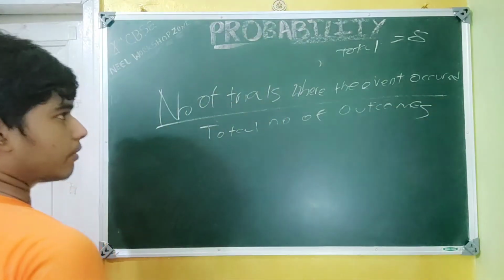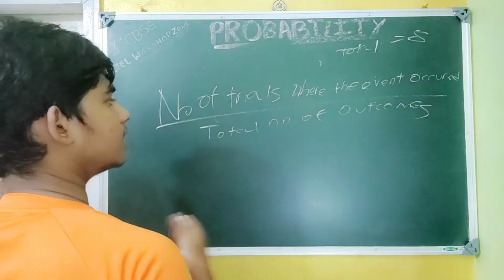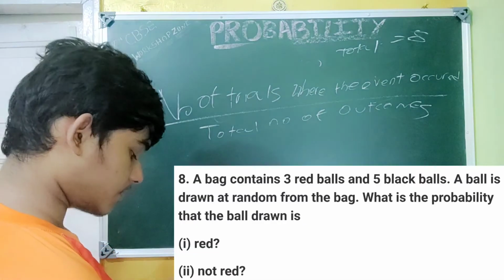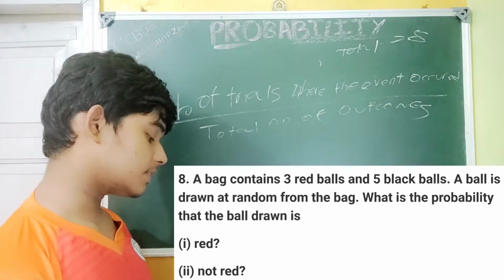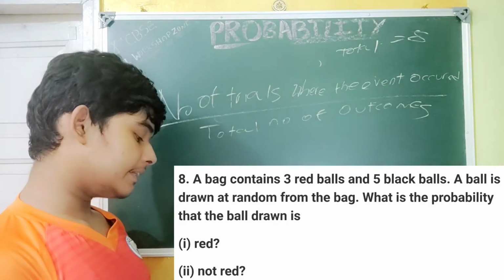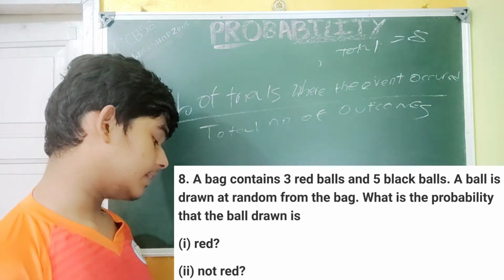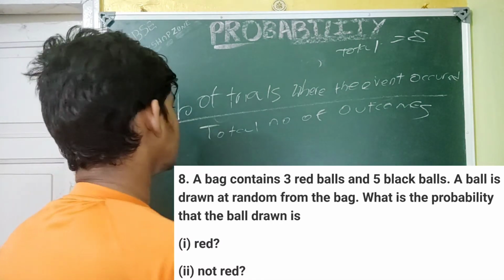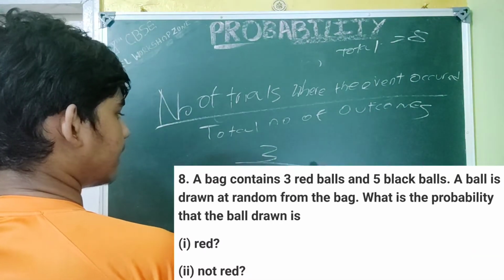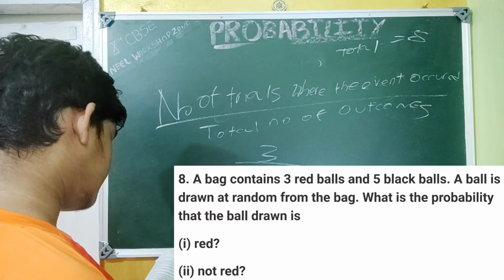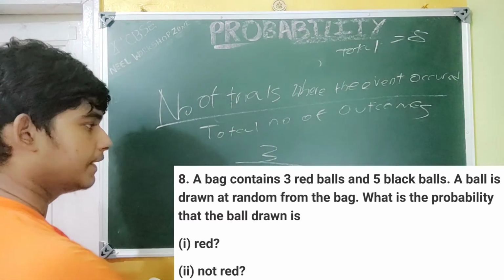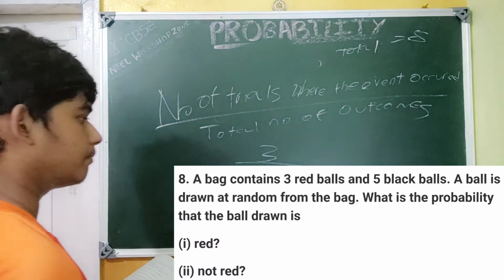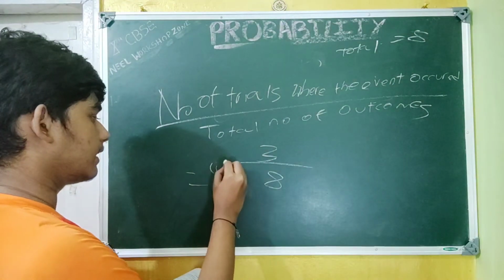So the number of trials where the event occurred, where the event is you getting a red ball, is 3. So 3 by total number of outcomes. Since there are 3 red balls and 5 black balls, it becomes 8 balls in total. So the answer is 3 by 8 for the first one.